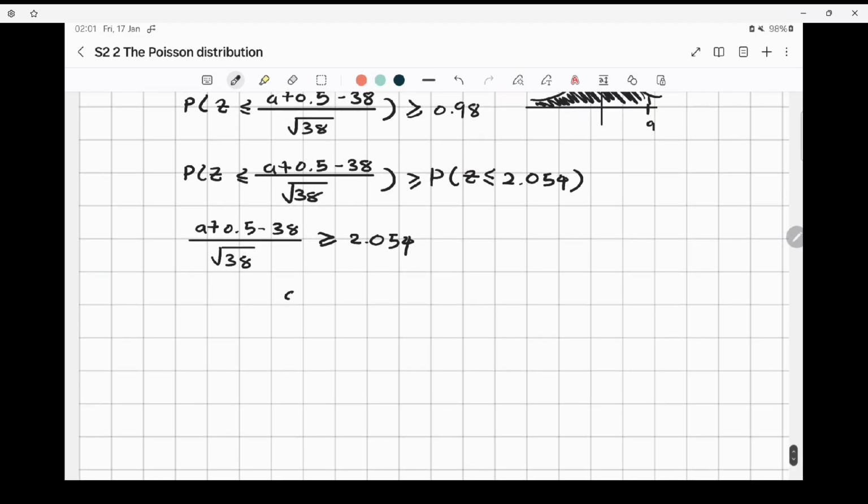So finally you find that a is greater or equals to 50.16. Take the integer, so a has to be 51. So this is the minimum number of lights that you need to light up, so that it is 98% certain you have enough tea lights.